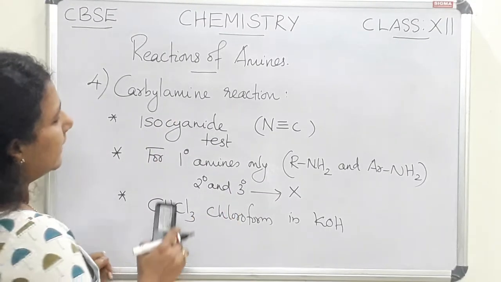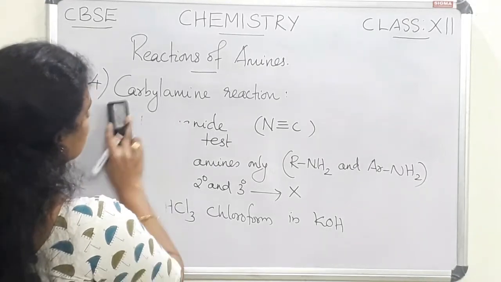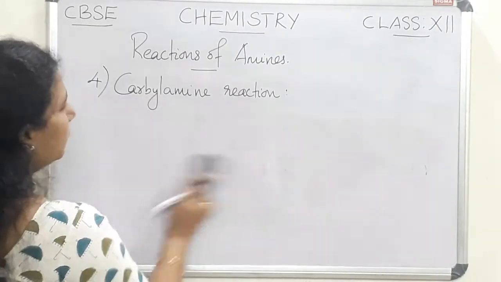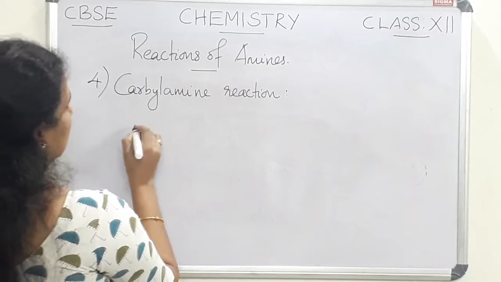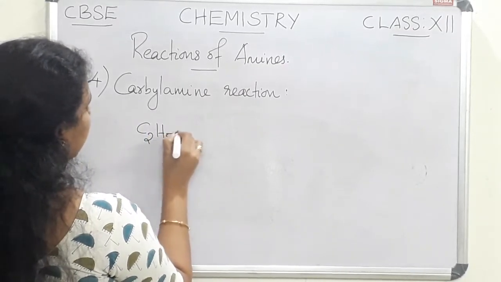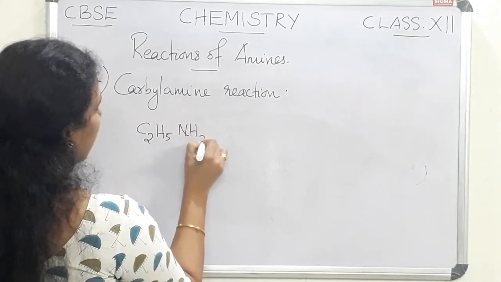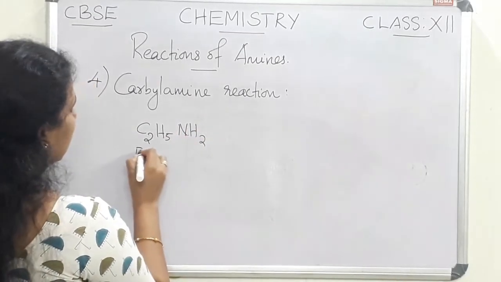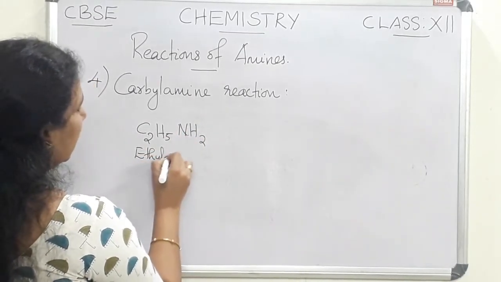So let us see the example. First, an aliphatic amine, C2H5NH2. It is called ethyl amine.